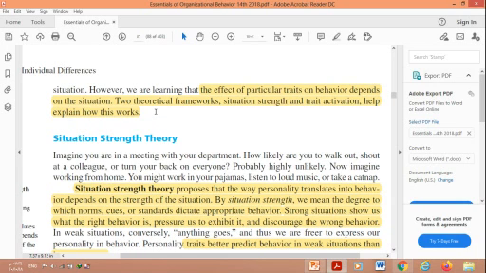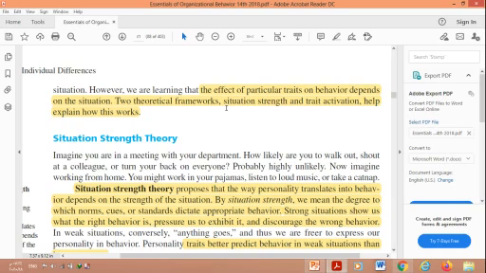So we want to discuss two theoretical frameworks, situation strength and trait activation, which help explain how it works. Again, behavior depends on the situation, and behavior is a result of our personality and other individual dynamics.